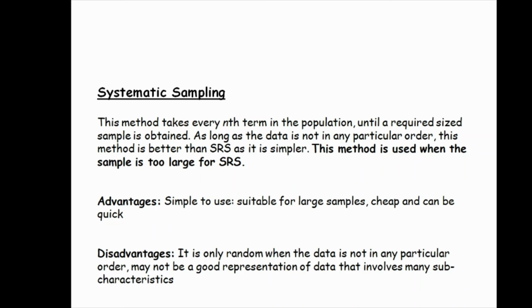And so in order for it to be free from bias, every student needs to have an equal chance of being selected, which is not going to be the case if the original list is in a particular order. One way of getting around that is if you completely randomize the data and then select every 5th, everyone has an equal chance of being selected.